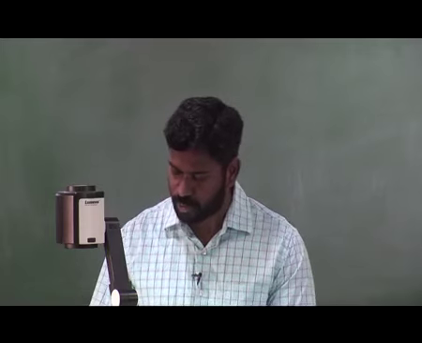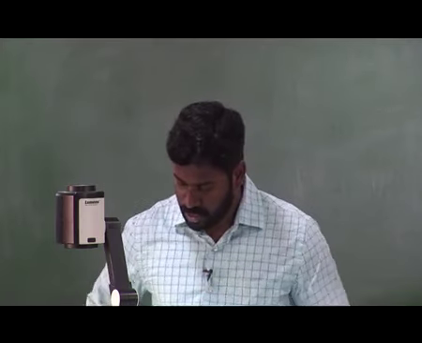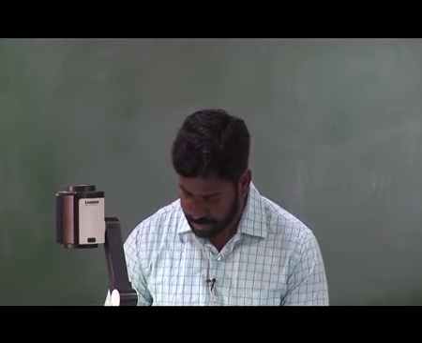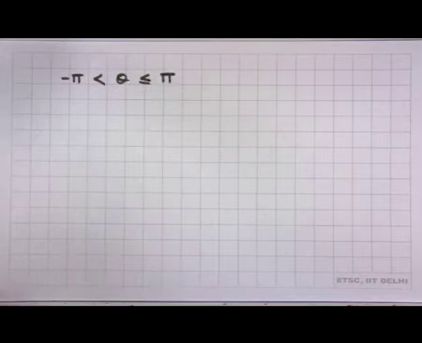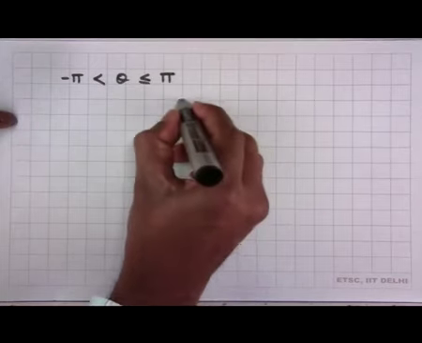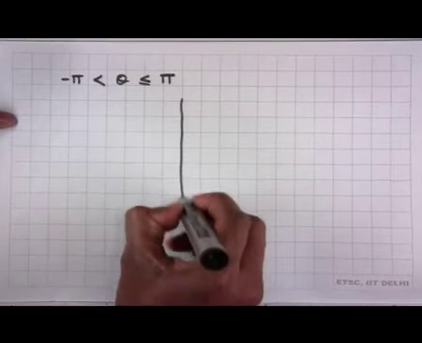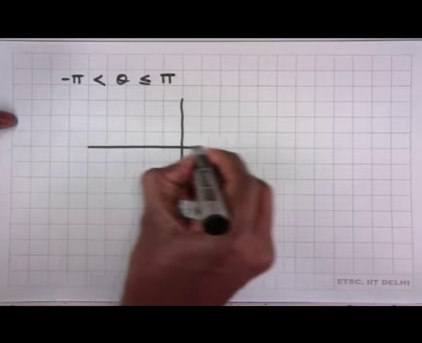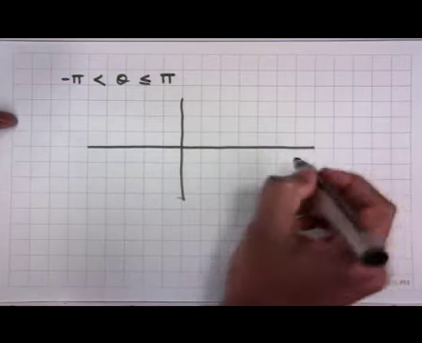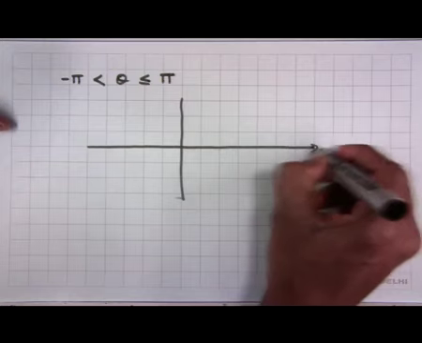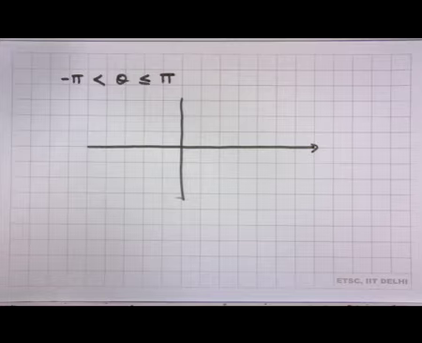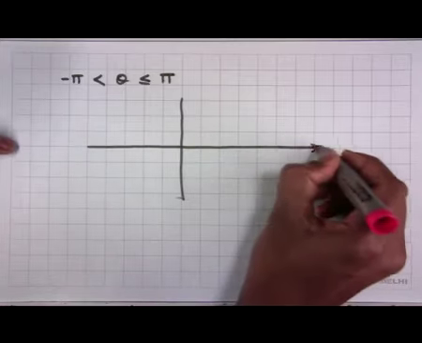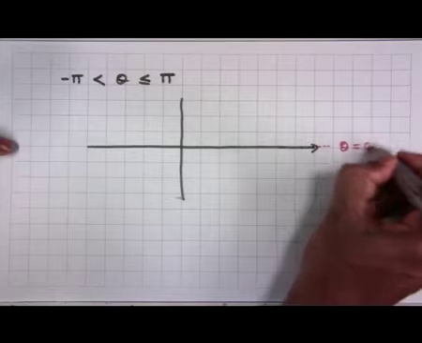And another standard one is minus pi to plus pi. So, now here in the entire discussion, the positive x axis always has theta as 0.